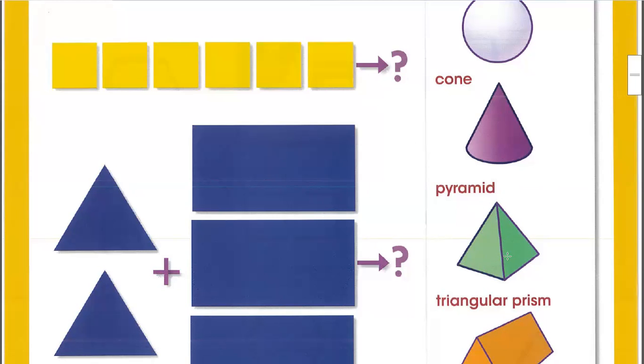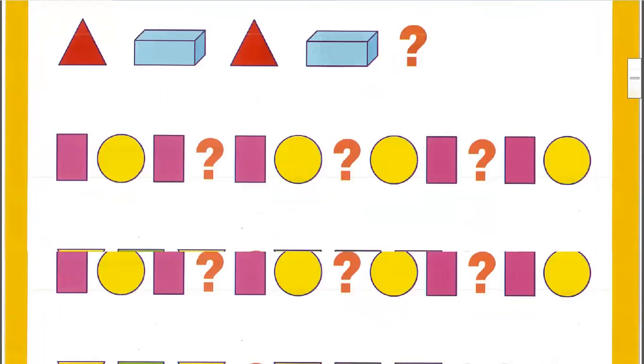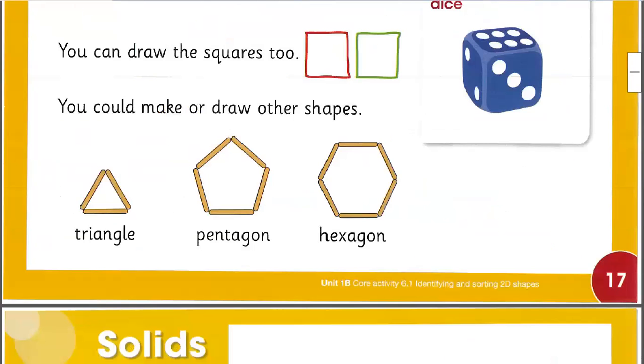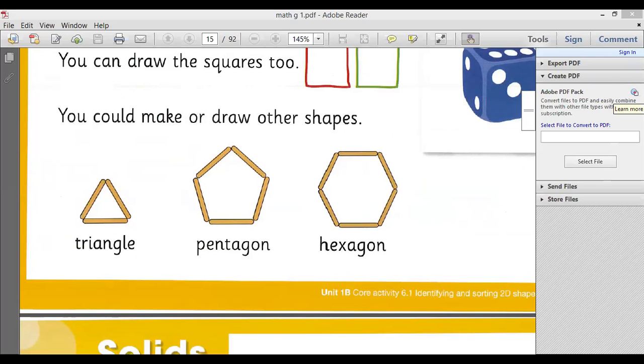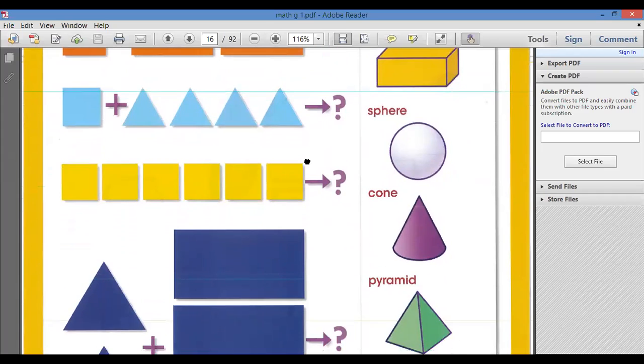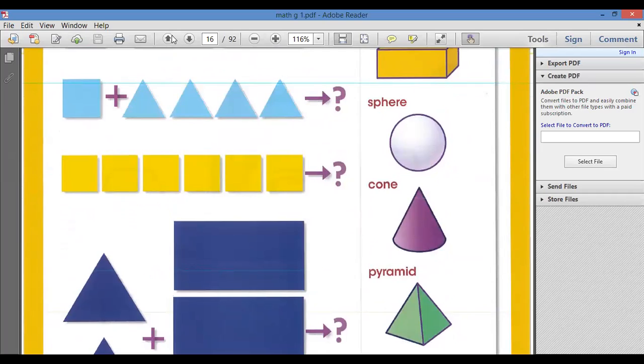After cone we have pyramid. How is pyramid formed?